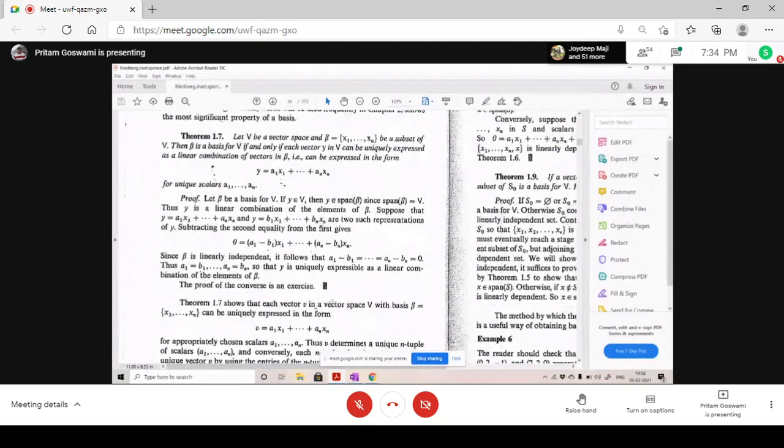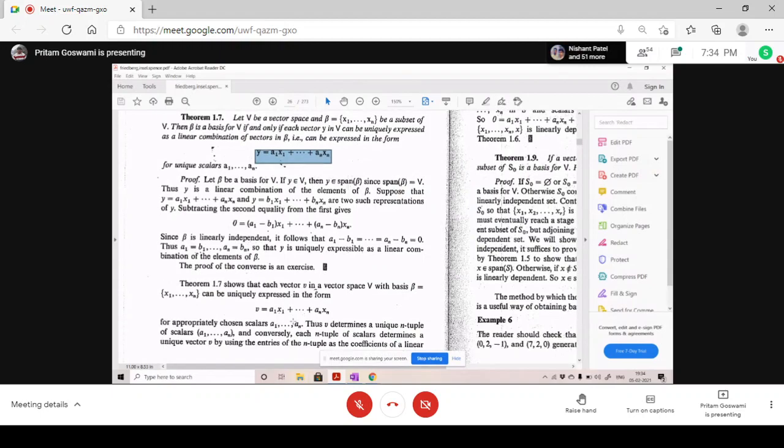Any vector in the vector space can be spanned by the basis, because the basis spans the whole vector space. So there is no issue with writing any vector in terms of the elements of the basis. But the problem is you have to check for the uniqueness of the scalars. That is done here. They have proven that the scalars will be unique for a fixed basis. So if you're interested, you can see it.